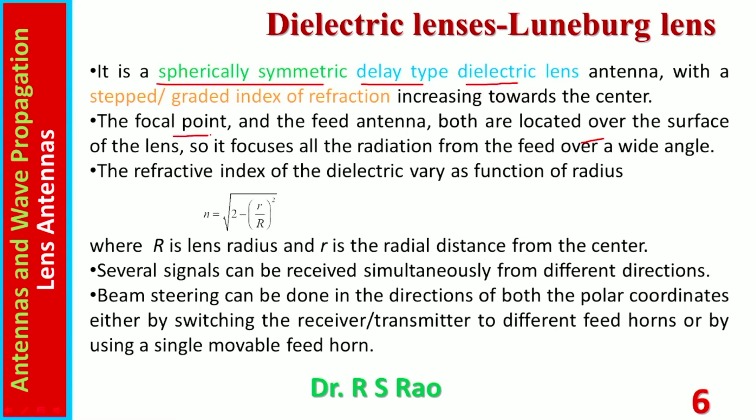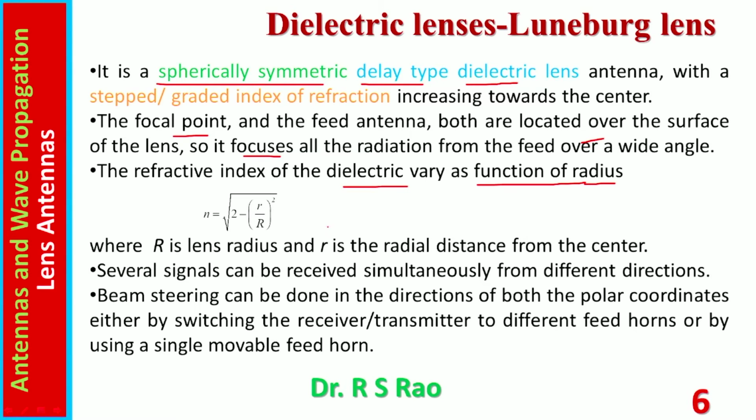The focal point and the feed antenna both are located over the surface of the lens. So it focuses all the radiation from the feed over a wide angle. The refractive index of the dielectric medium varies as a function of radius.